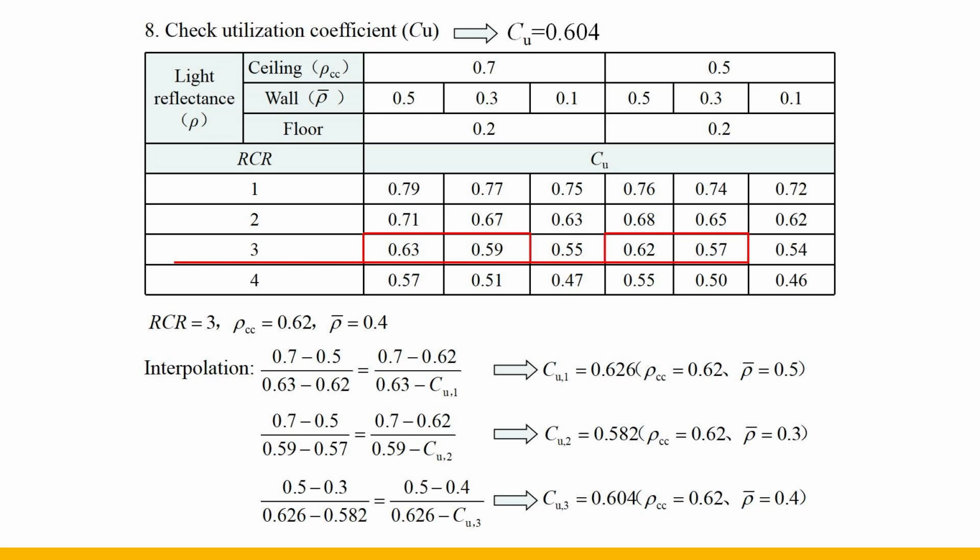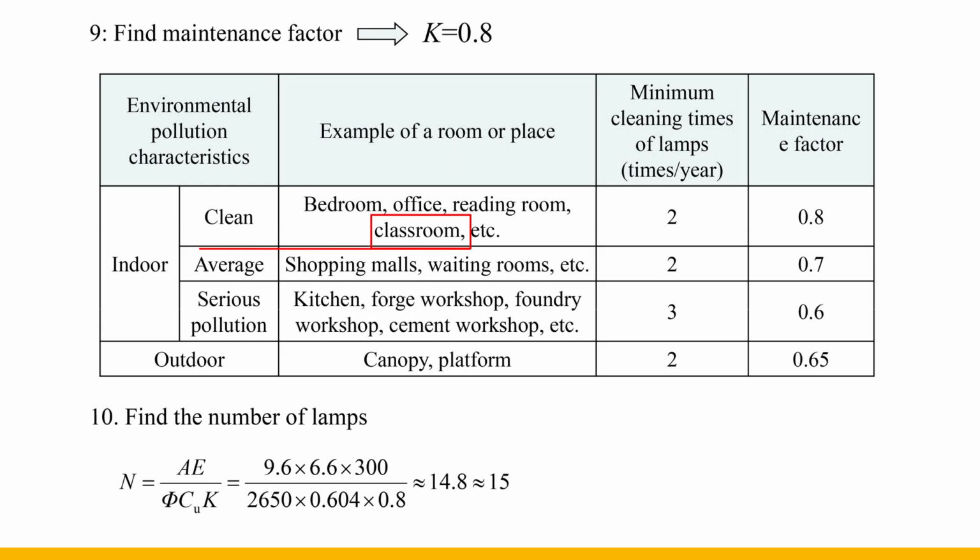In the eighth step, according to the RCR of 3, the average light reflectance ratio of the room space of 0.4, the average light reflectance ratio of effective ceiling space of 0.62, the utilization coefficient was found to be 0.604. Ninth step, find out the maintenance factor K is 0.8.